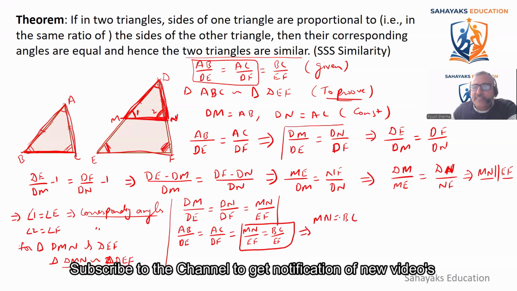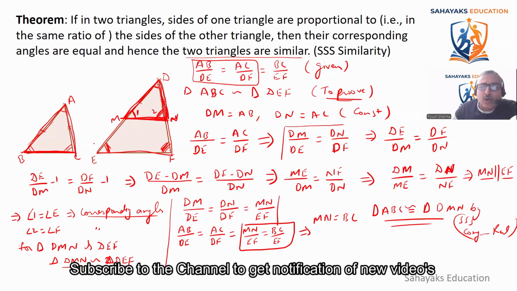Now, that means triangle ABC is congruent to triangle DMN by SSS congruency rule. Okay, so these two triangles are congruent.